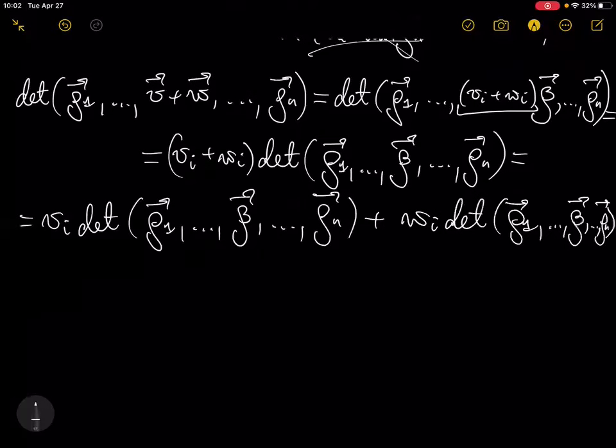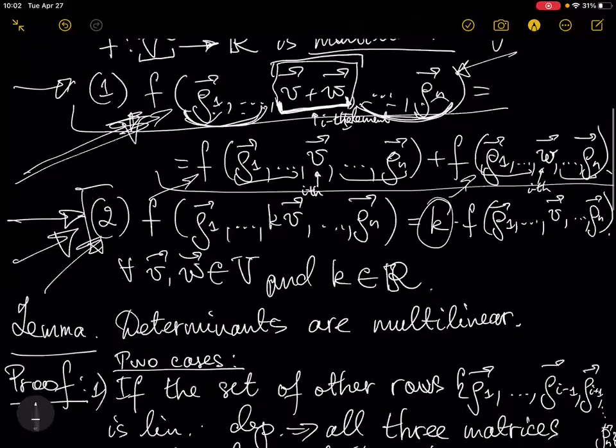But this is a sum of determinants, right? And I can bring this back inside using this property again, this one. Because I will use it just in this direction, this equality.